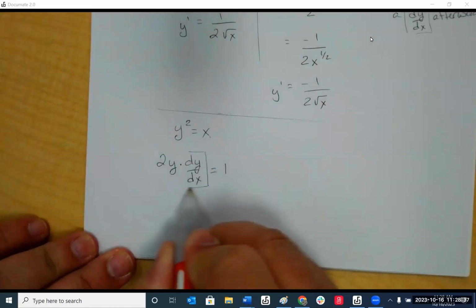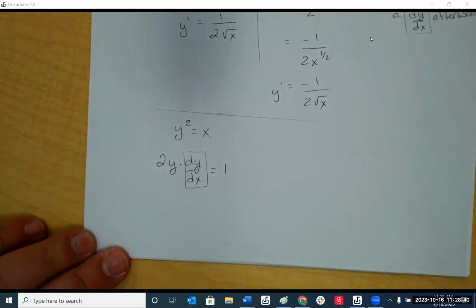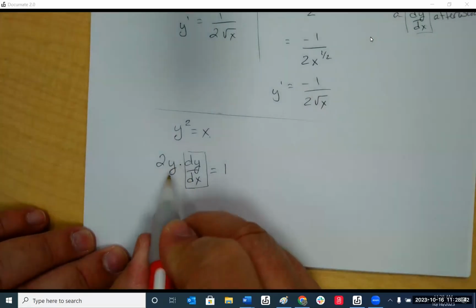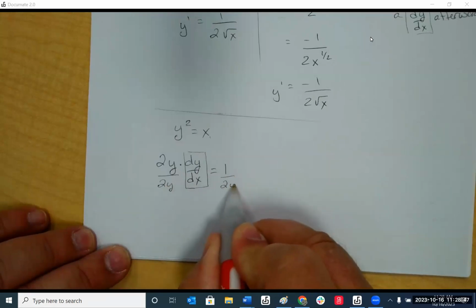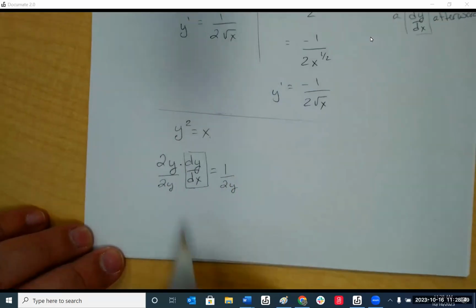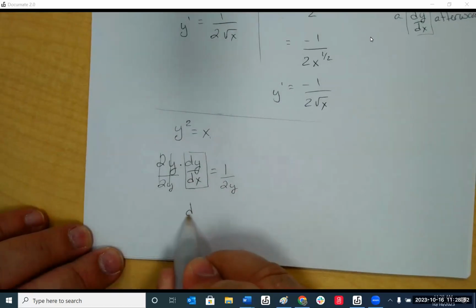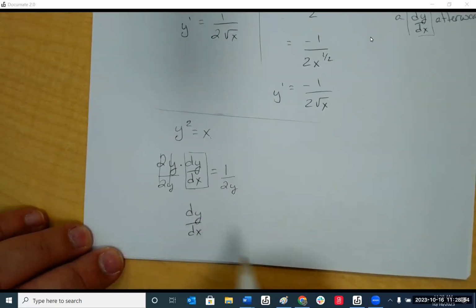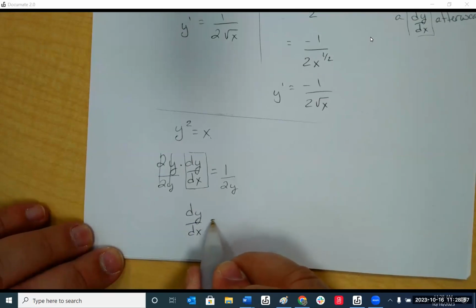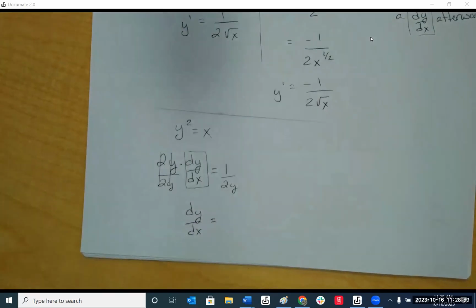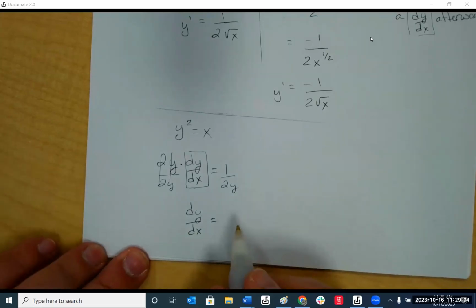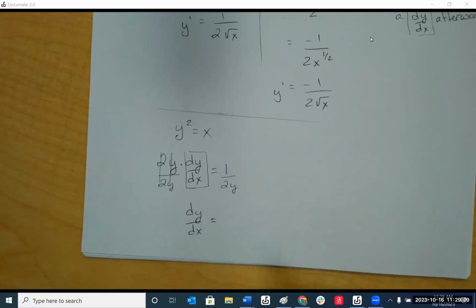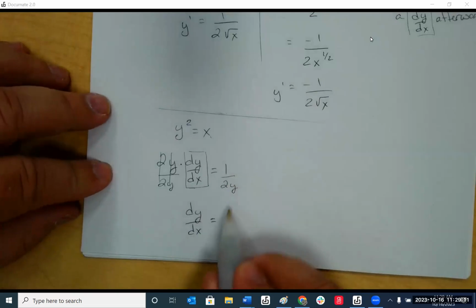Now we solve for dy dx. Divide both sides by 2y. So we have 1 over 2y.